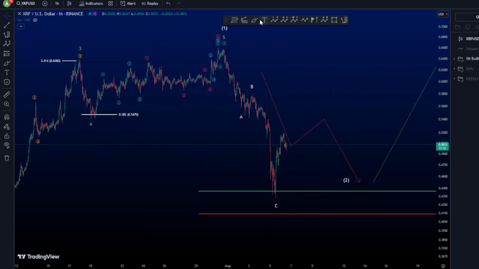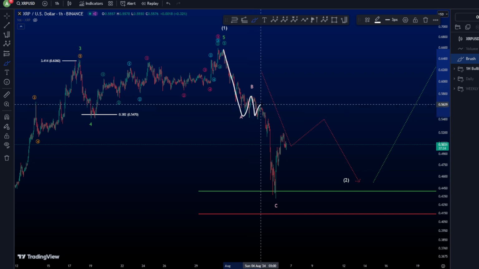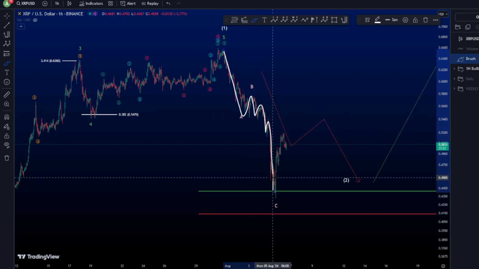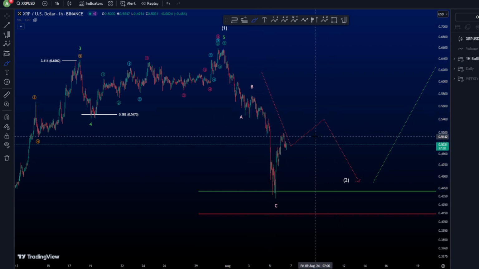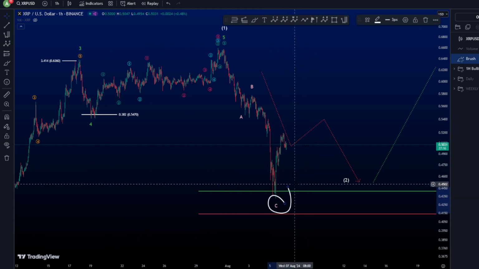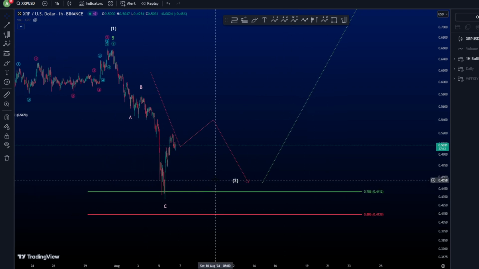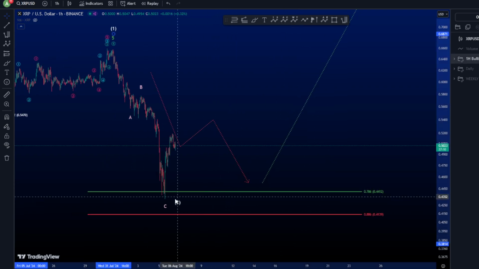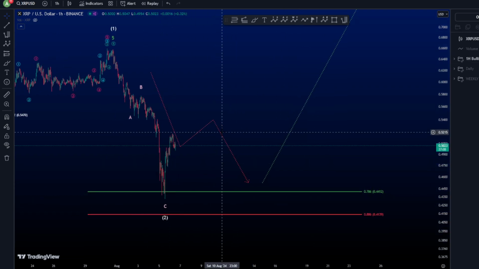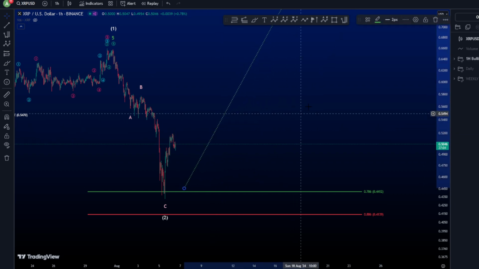We are seeing an impulsive A, a correction in a B, and another leg towards the downside, impulsively hitting the right fib level for a wave 2, which is the 0.786, which is perfect for the start of an impulse.